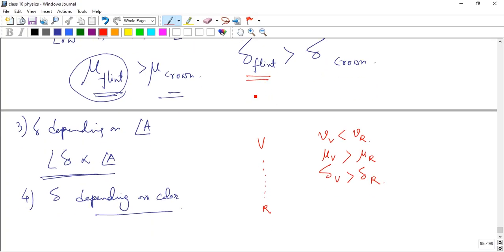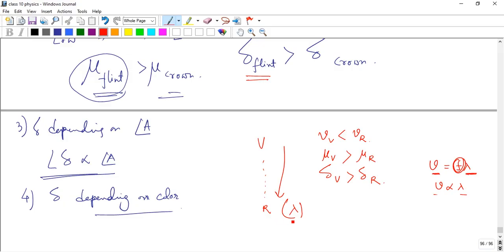So mu more means deviation more. We know that red has a greater wavelength. Velocity v equals f lambda, and frequency is the same, so if velocity is more, lambda is more. Velocity and lambda are directly proportional.